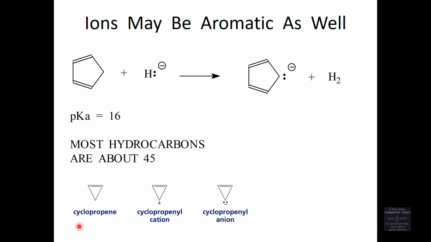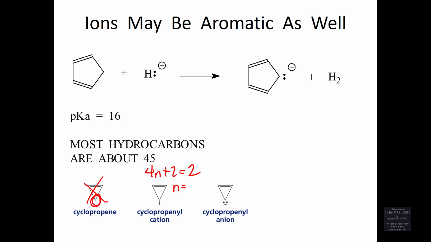Here are some ions down below. Is this guy aromatic? No way, because he's got an sp3 carbon right there. Cyclopropenyl cation and cyclopropenyl anion. Are they? Aren't they? Both of them are flat. Both of them are cyclic. Both of them have sp2 carbons only. So 4n plus 2 equals 2.